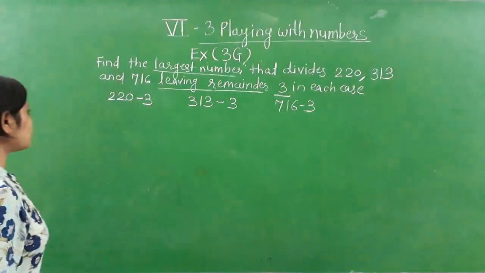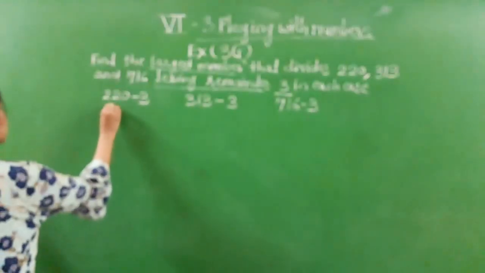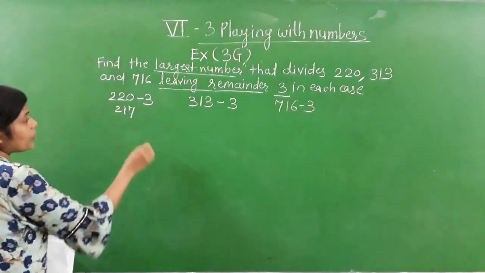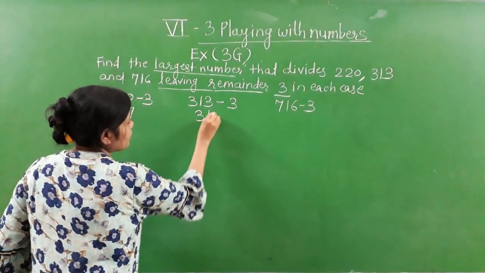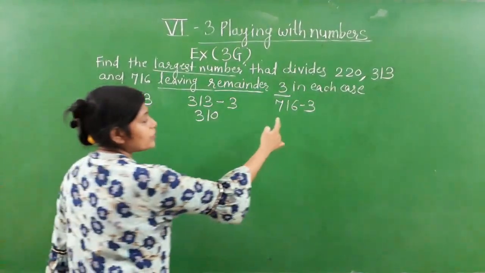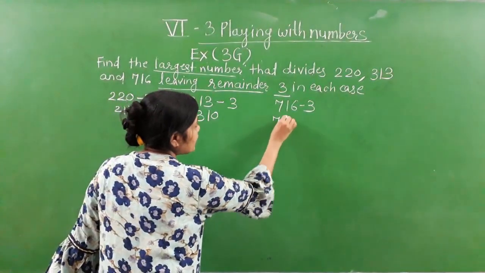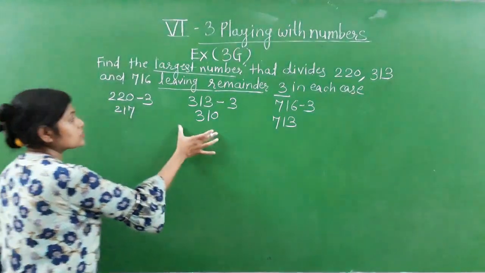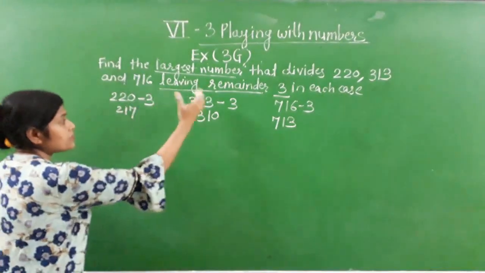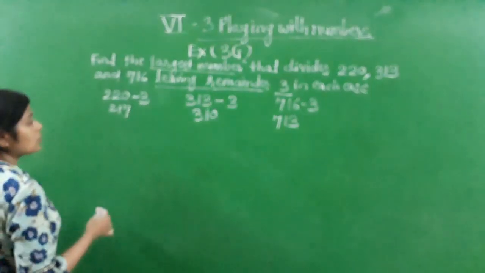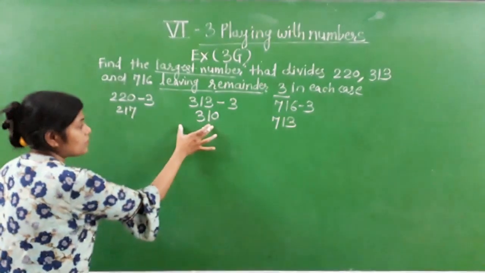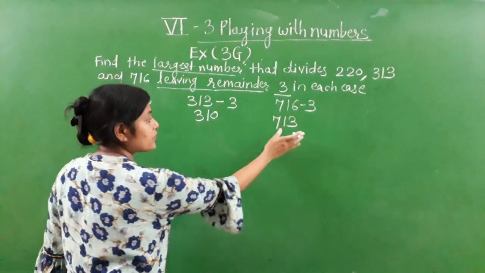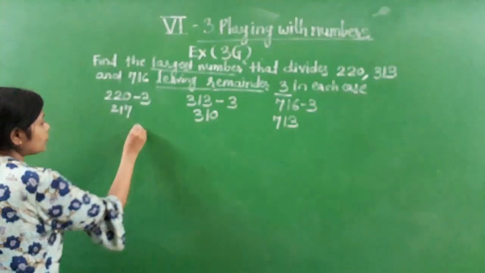After subtracting, what numbers will we get? 217 will be the number, and here 310, and the next number is 713. Now we'll find the HCF of these three numbers after subtracting the 3.